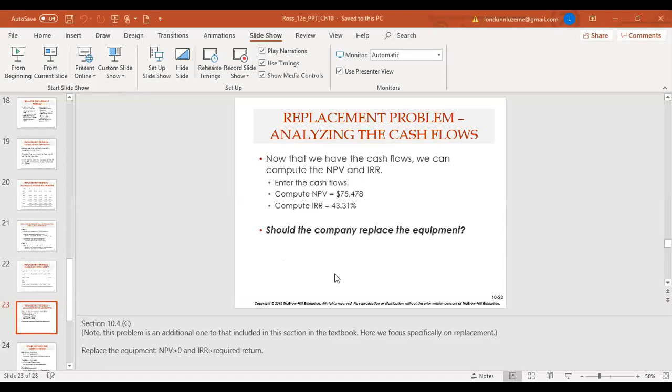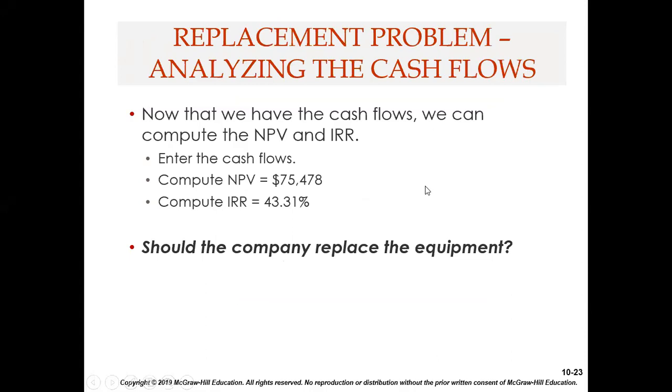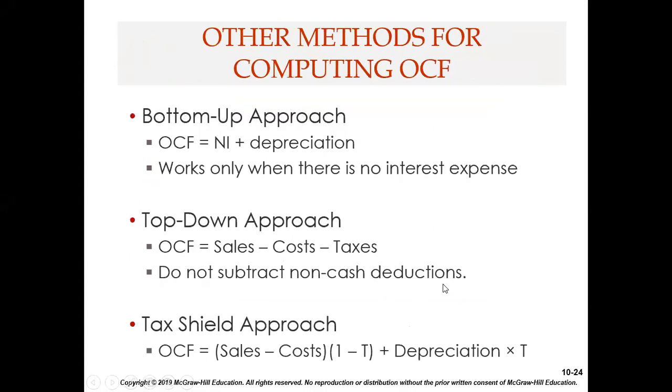Sorry about that. So either way, even though it's wrong, we only wanted a 10% return on this investment. So obviously we would take this on. We would replace the equipment. Okay, so there's other ways to determine operating cash flow.